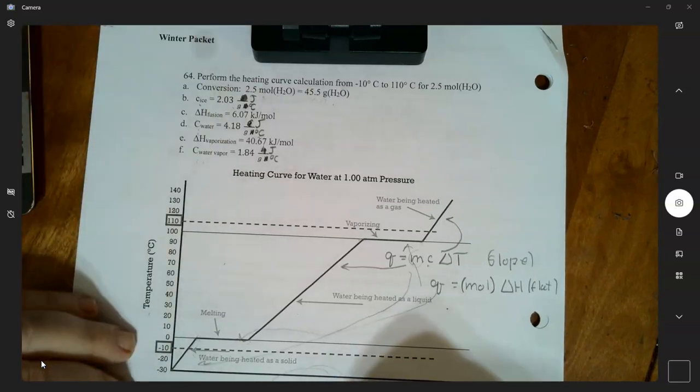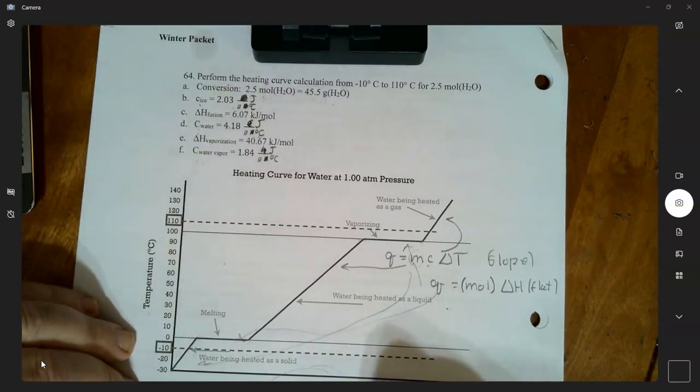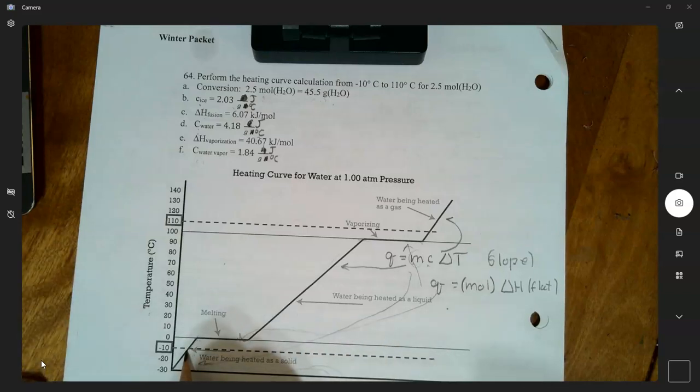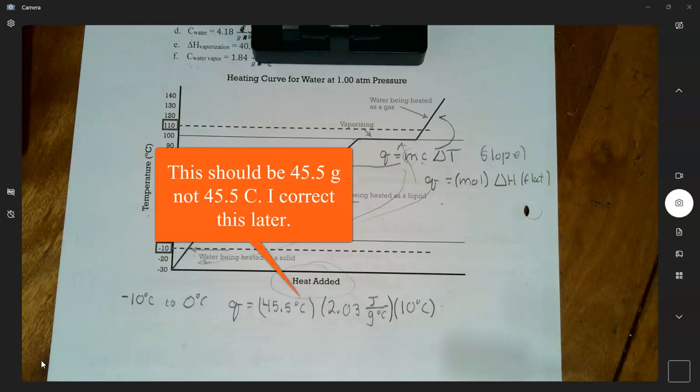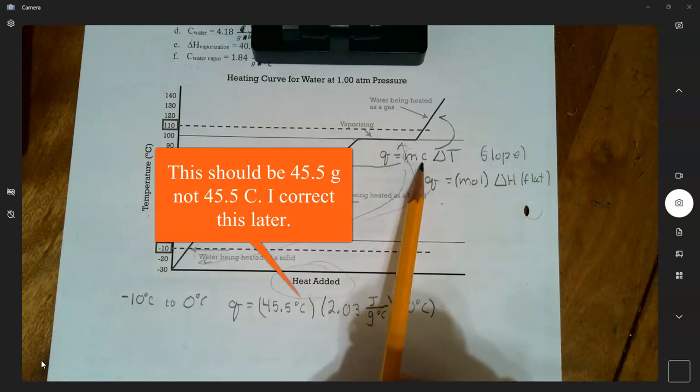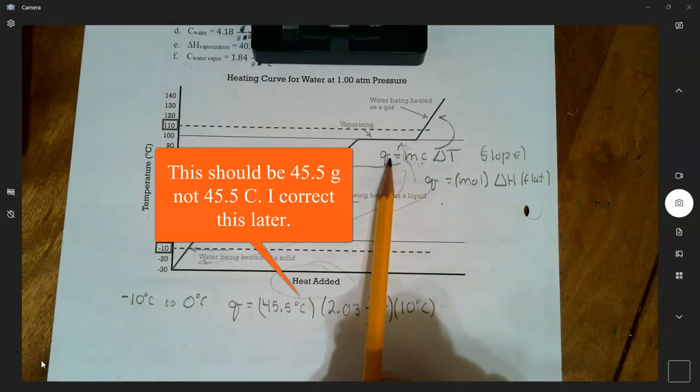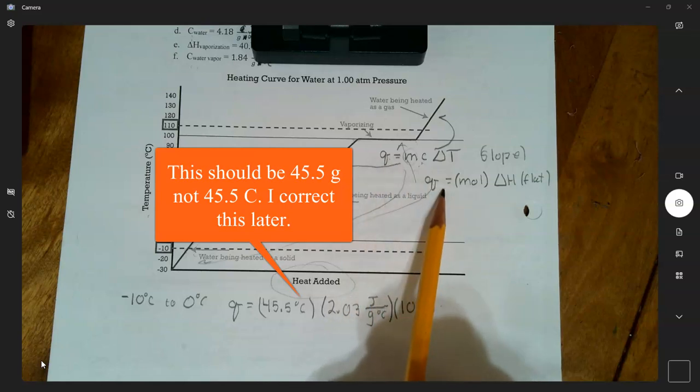Okay, so it's 2.03 joules per gram degree centigrade. All right, and the delta T is going from -10 to 0. It's going upward, so that's a positive 10 degrees. Okay, and then another trick to this problem is that this formula is going to produce a unit of measure of joules, whereas this one is going to be in kilojoules.